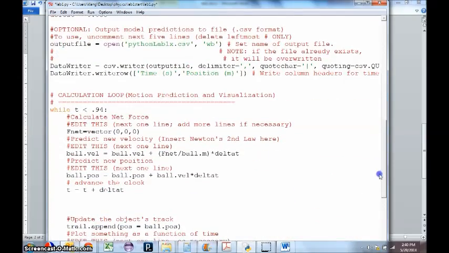And then down here is my looping, where we calculated the new position at each time step by using the calculation that the velocity is the old velocity plus the net forces, which in this case is 0, times delta t, and likewise my ball position is the old position plus the velocity times delta t.